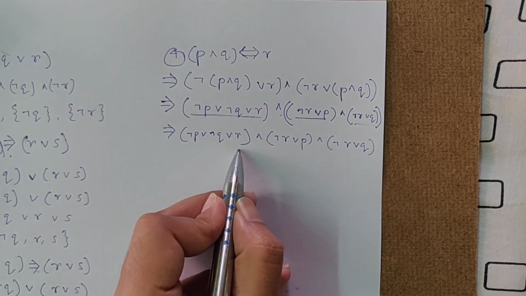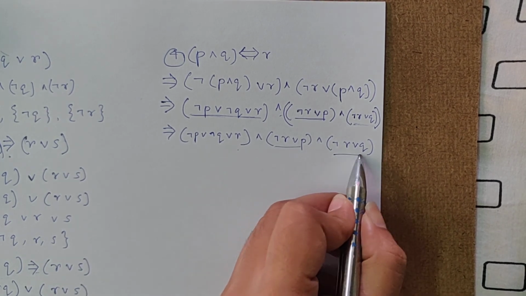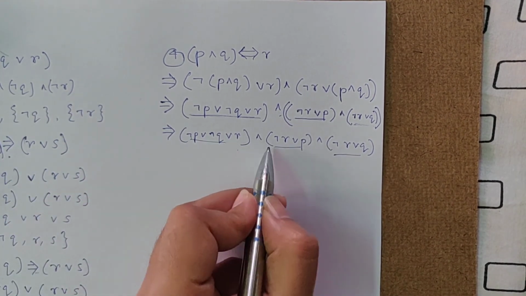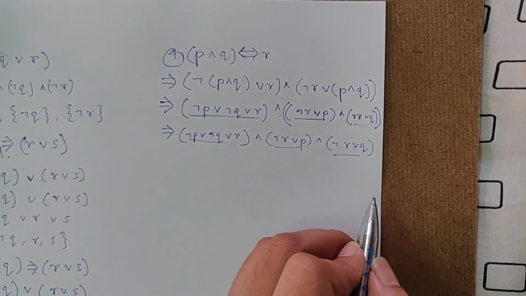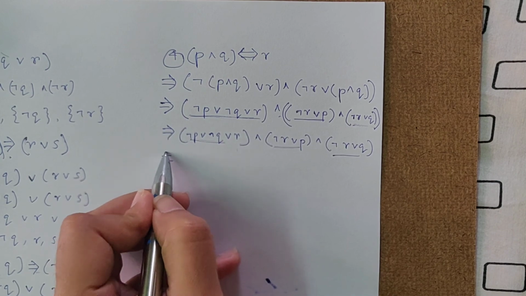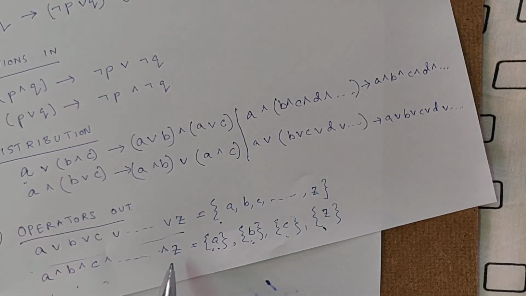This is a valid clausal sentence, this is a valid clausal sentence, this is a valid clausal sentence, and the entire formula is a conjunction of valid clausal sentences. Each of them is a valid clausal sentence.